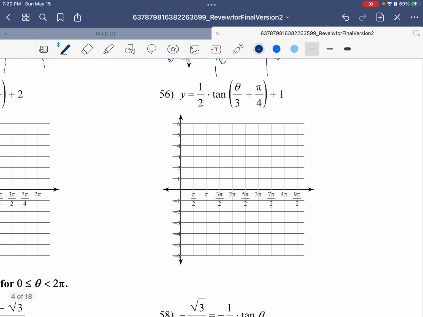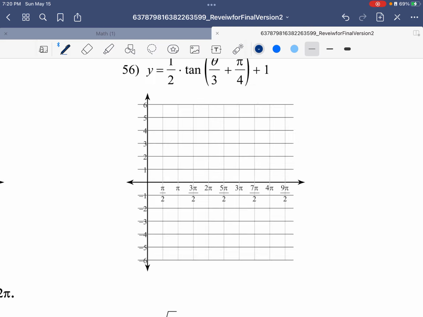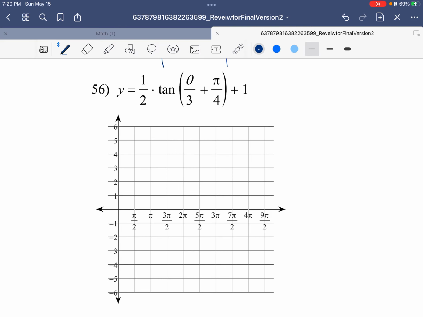Let's just do tangent. In the last videos I posted, I did a lot of cosine and sine examples, and I didn't do too many tangent examples, so I'll do this one right now. This one's kind of tricky. So basically, we're going to set the inside to 0, and then we're going to set it to 2 pi to find the start and the end of our graph. So that's where our graph is starting, and let's find the end of our period.